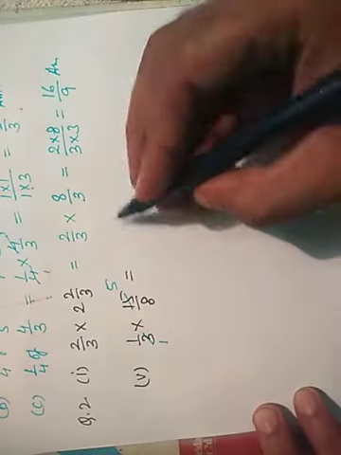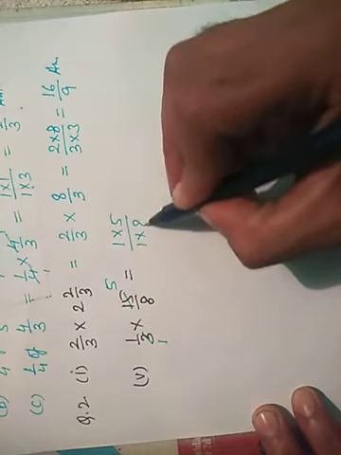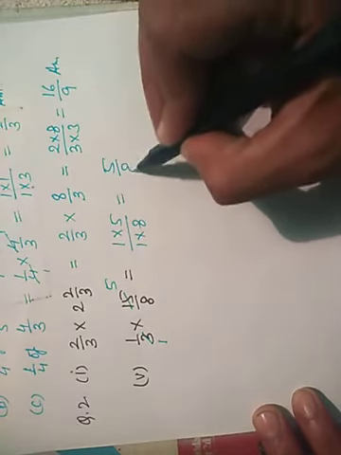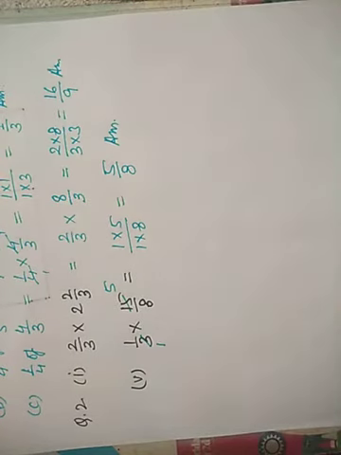So 1 5 ja 1 into 5 and 1 into 8, it will be 5 upon 8, which is the required reduced form. Okay, so remaining parts you can solve by yourself.